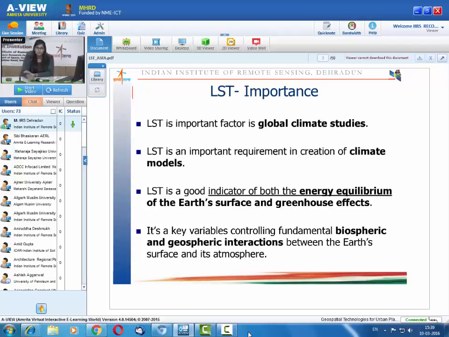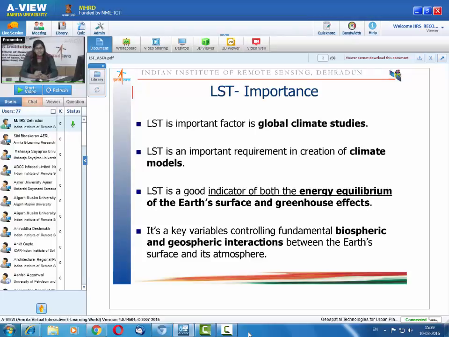Now, between the interactive surfaces of the Earth's surface and the atmosphere, we have to understand how the energy equilibrium is taking place. When I say energy equilibrium, what I mean is that there is radiation coming, short wave, long wave radiation to the Earth's surface. I will explain in the future slides what short wave and long wave radiations mean.